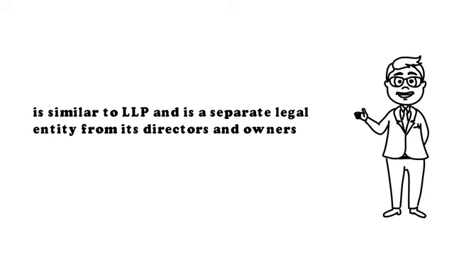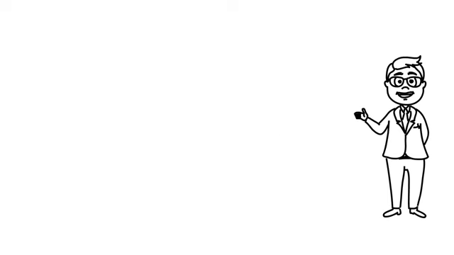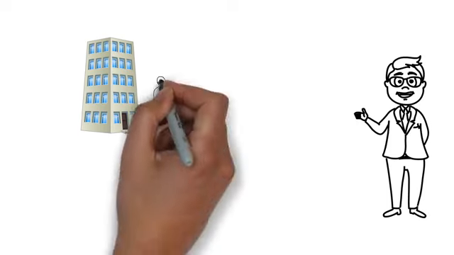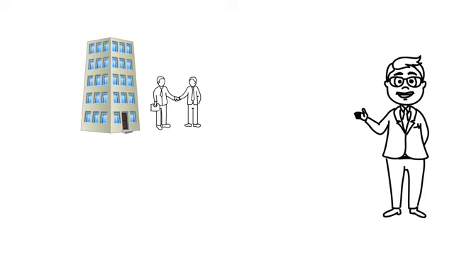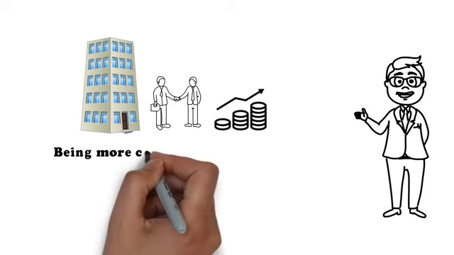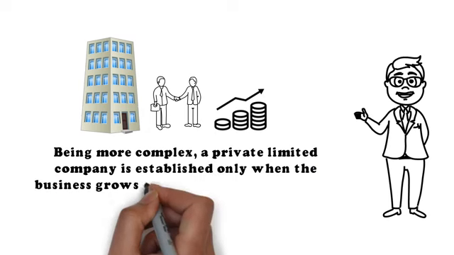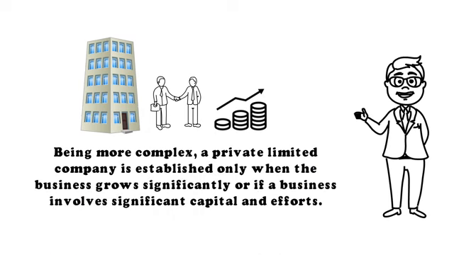4. A private limited company is similar to LLP and is a separate legal entity from its directors and owners. Being more complex, a private limited company is established only when the business grows significantly or if a business involves significant capital and efforts.